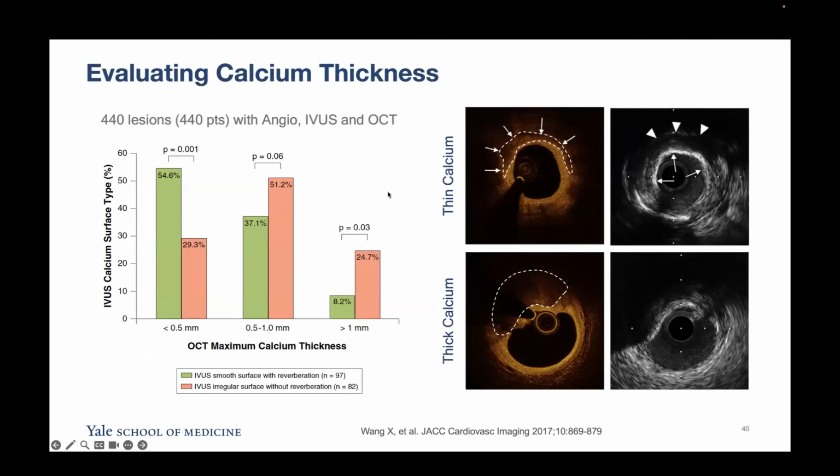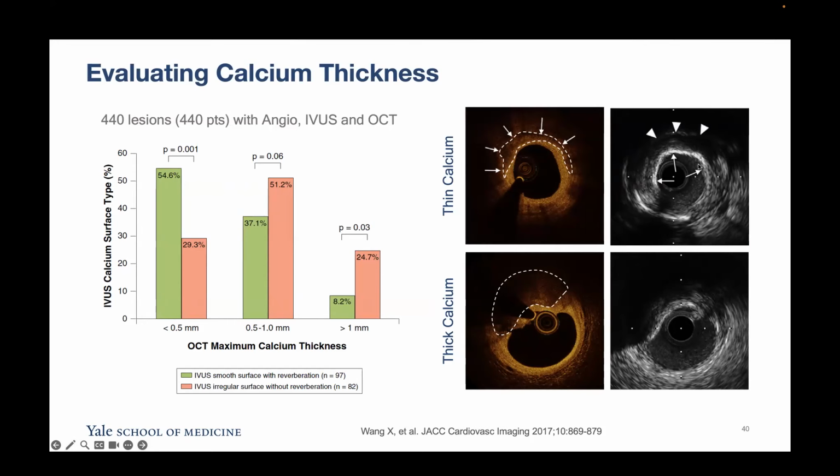One thing that is important, and actually it's kind of a novel concept that came out of this paper, is that thickness by OCT can be pretty well measured, as you can see on those two examples. But an indirect sign of thickness by IVUS is the presence of reverberation. So this is one of the examples from the paper, which you have on those arrowheads, a little reflection, a little reverberation of the calcium.